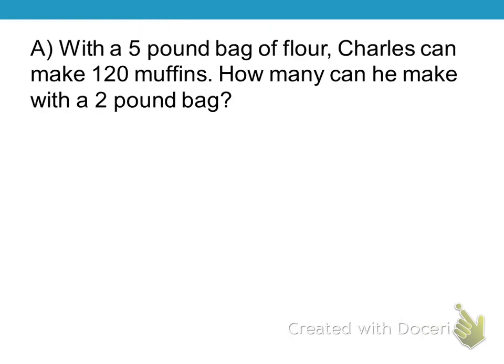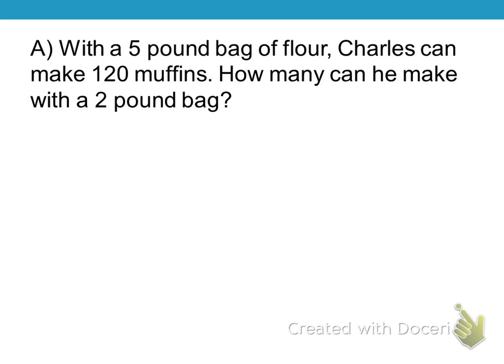All right, getting into some word problems. All right, so this says, with a 5-pound bag of flour, Charles can make 120 muffins. How many can he make with a 2-pound bag of flour?